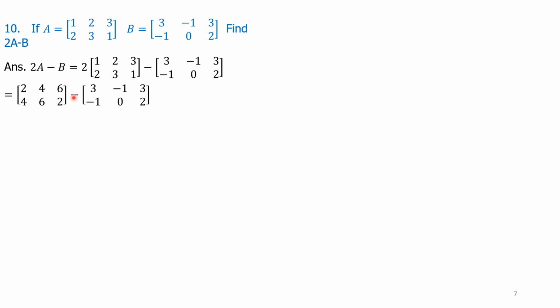Therefore it becomes 2 into 1 is 2, 2 into 2 is 4, 2 into 3 is 6; 2 into 2 is 4, 2 into 3 is 6, and 2 into 1 is 2.